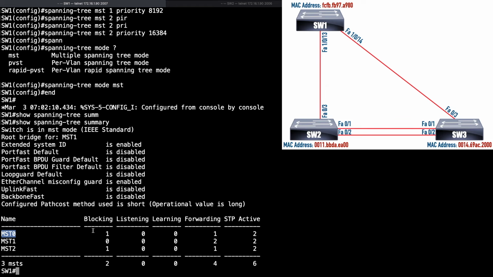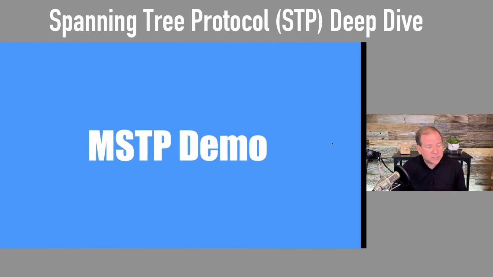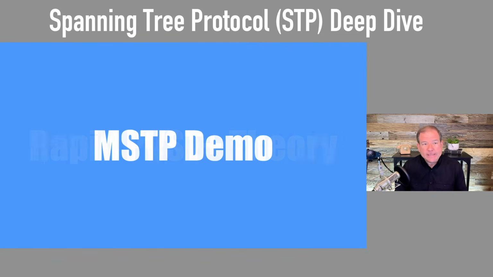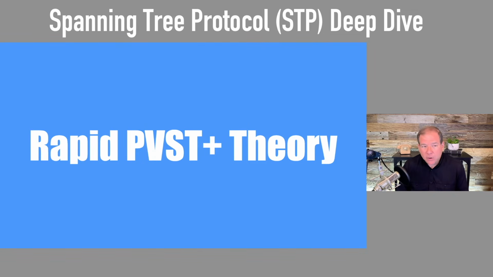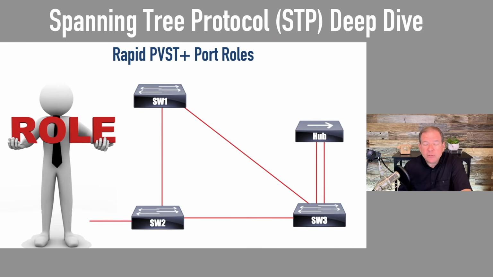Now we've got one other flavor of spanning tree that we want to talk about in theory and then configure, and that's rapid PVST. Now, by the way, the industry is not using PVST. The industry, if you're on a non-Cisco device, you may see it just called simply rapid spanning tree, or RSTP. The standard is 802.1w, by the way.